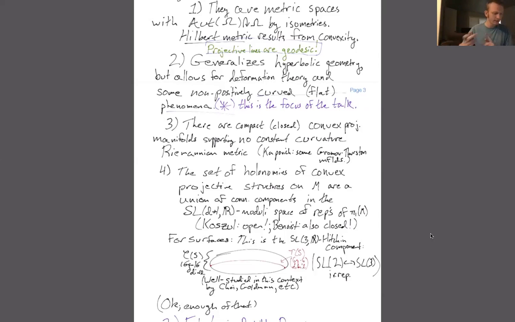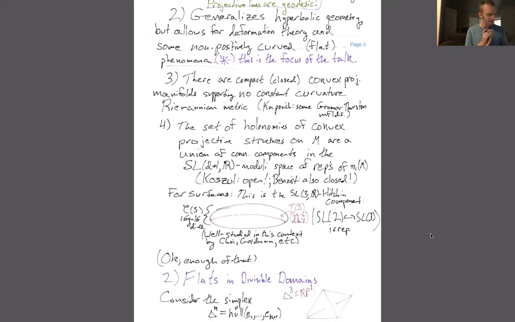And the fourth point here is a little bit technical, but I think is a really interesting selling point. So if you look at the set of holonomies of convex projective structures on your favorite manifold, and you start deforming them within SL(d+1,R), and you ask which of those representations are holonomies of convex projective structures on your compact manifold, then the answer is that it's a union of connected components.